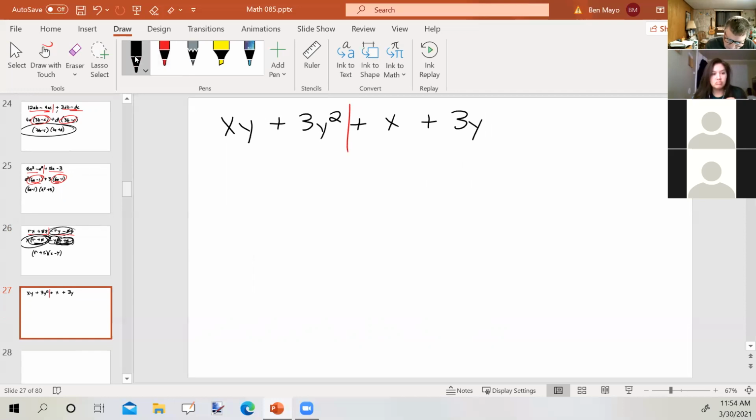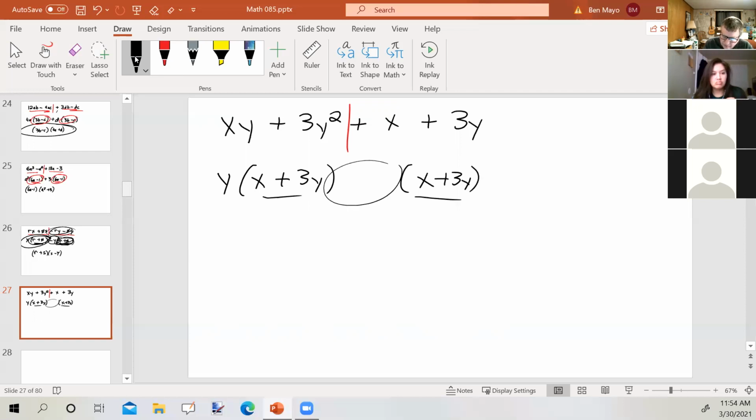The greatest common factor of the first 2 terms would be y, the leftovers being x plus 3y. So don't look up, look over and write x plus 3y, because these need to match. Let's see, what would I put out here to get this to give me that? What would go out here in this space?